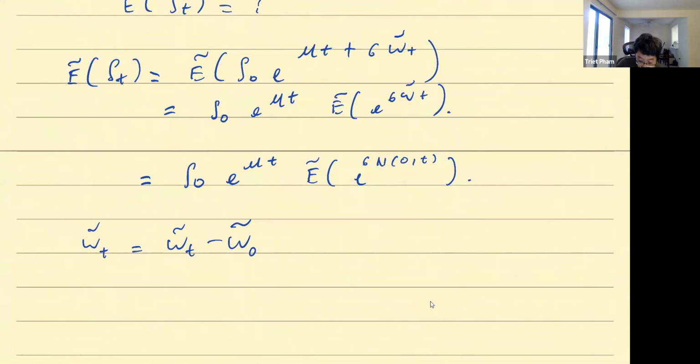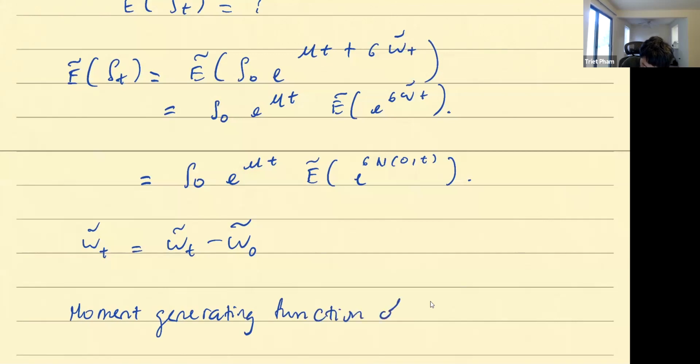And this calculation in and of itself may already be an exercise in a 477 class. It's referred to as the moment generating function of a normal with mean mu and variance sigma square.